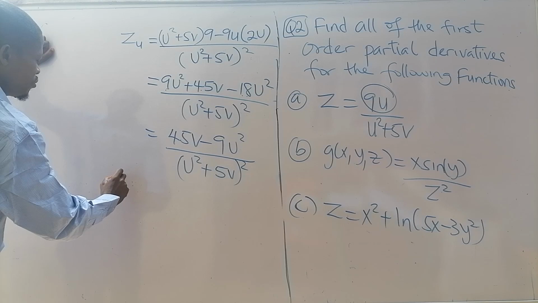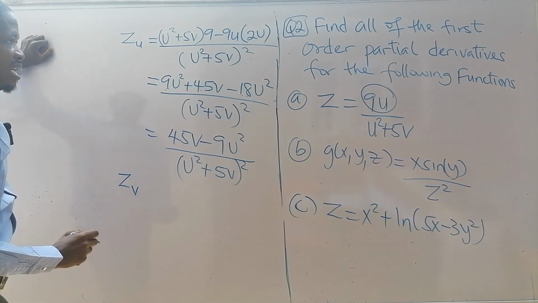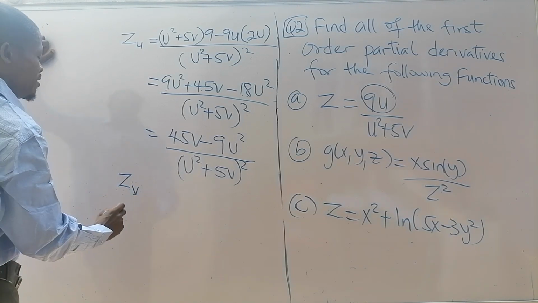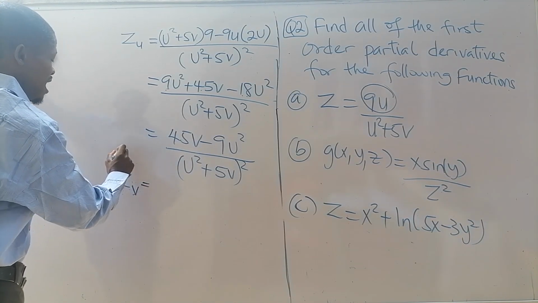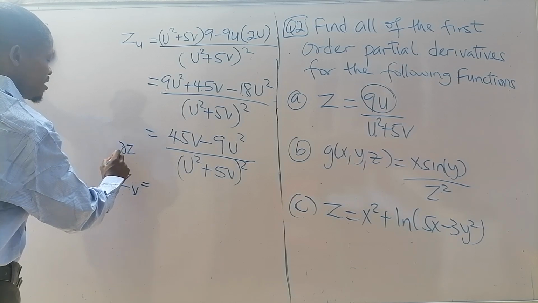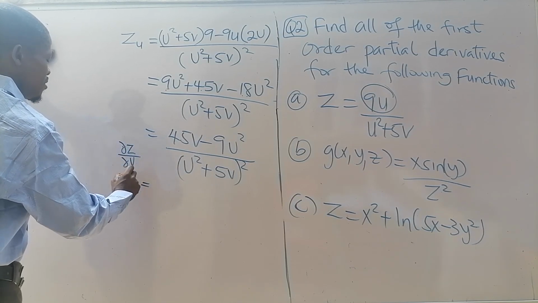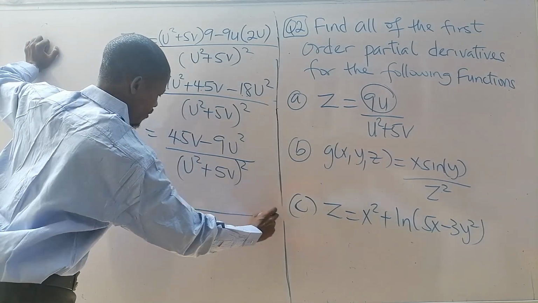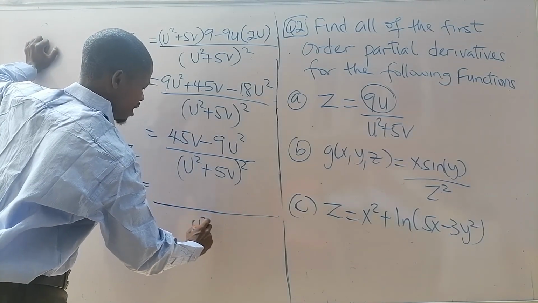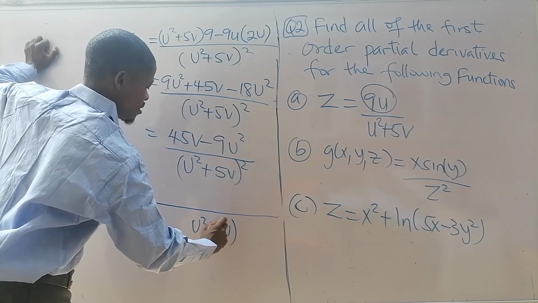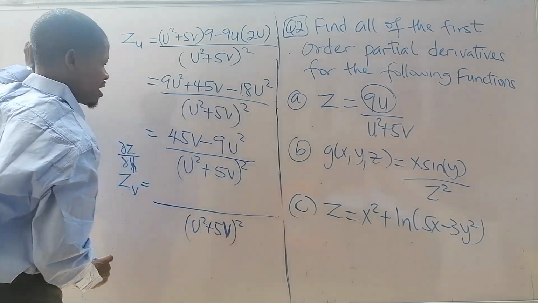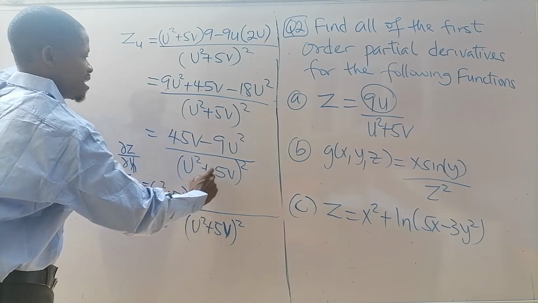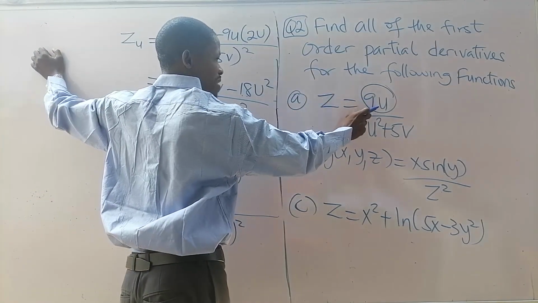Can we also do the partial derivative with respect to v? I mean z subscript v, which is the same thing as del z del v. So that will be equal to, do the same thing, it's a quotient function, the denominator u squared plus 5v, square that, and that will be equal to u squared plus 5v times the derivative of the numerator.